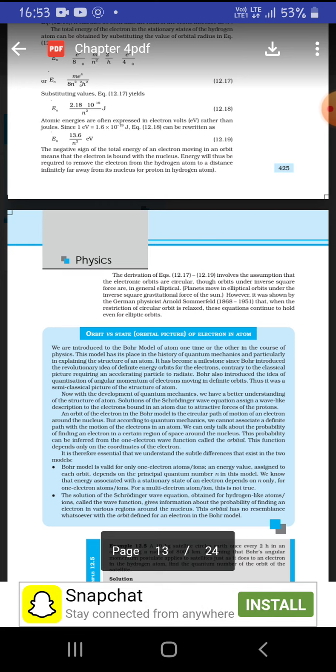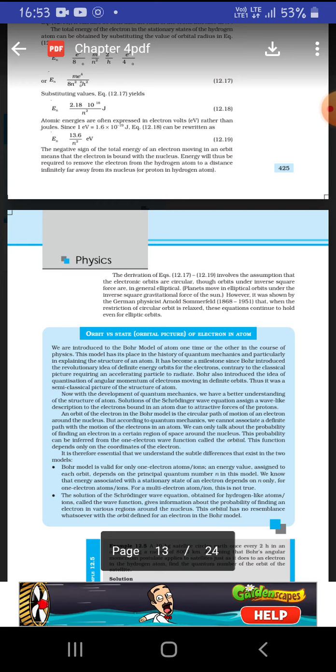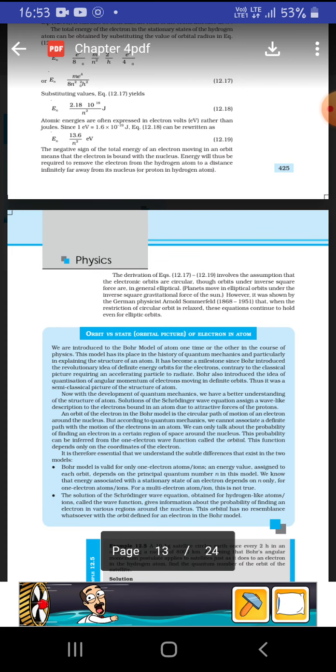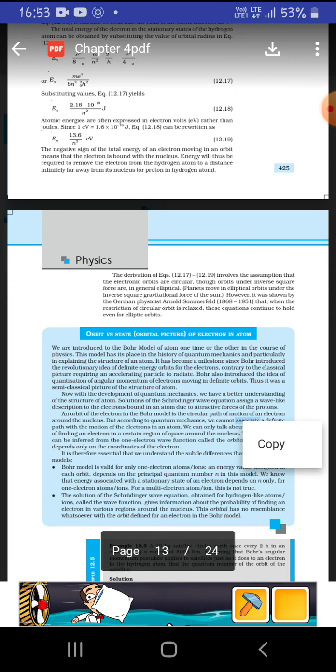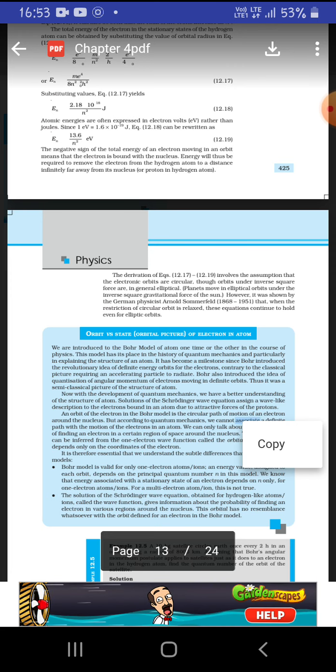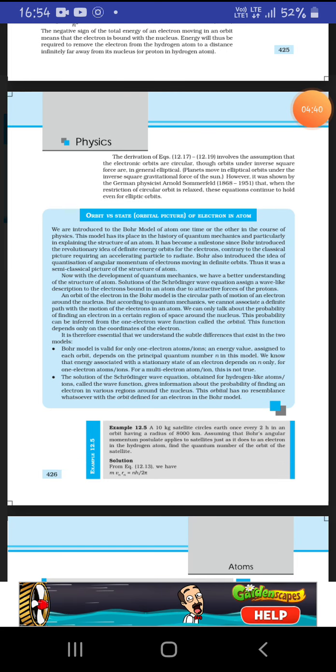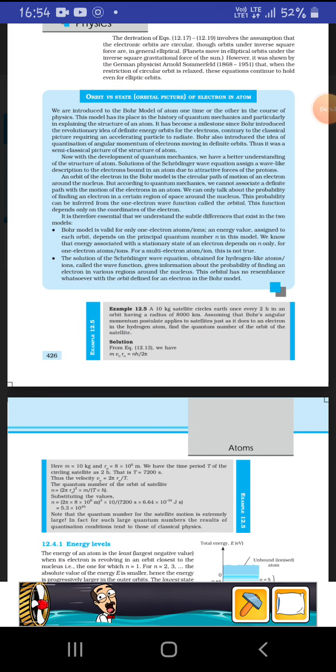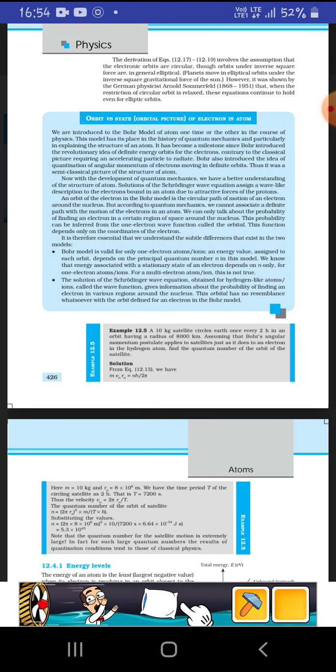Energy will thus be required to remove the electron of the hydrogen atom from that orbit of that radius. This is the formula nh by 2π that you have to use to solve the problem.